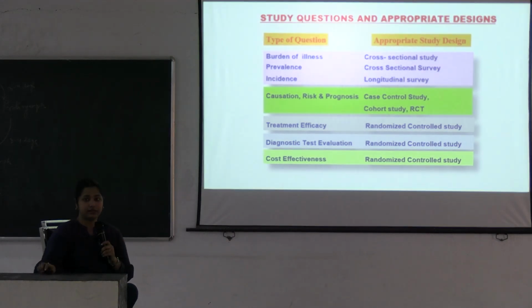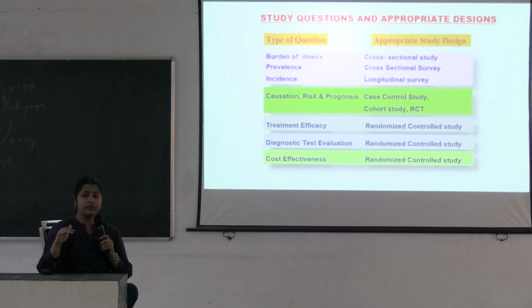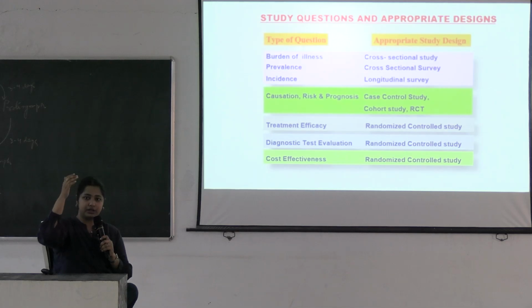So, RCT has a higher form of evidence in the hierarchy of studies. At the base, at a very low level, are the case report, case series, etc. Then there is the ecological study, then the cross-sectional study, then the case control study, then the cohort study, then the non-randomized trials, and finally the randomized trials, and at the top there are systematic reviews and meta-analyses.